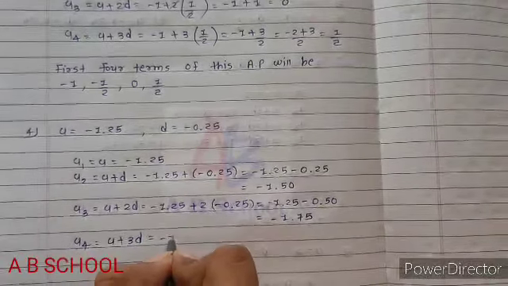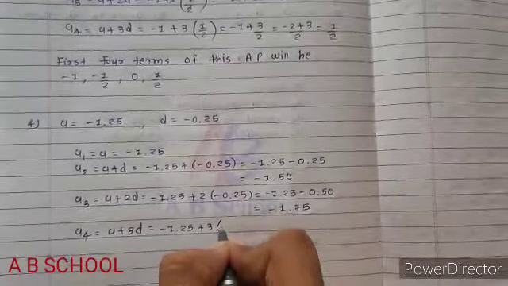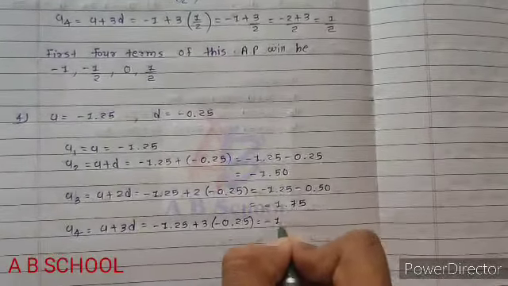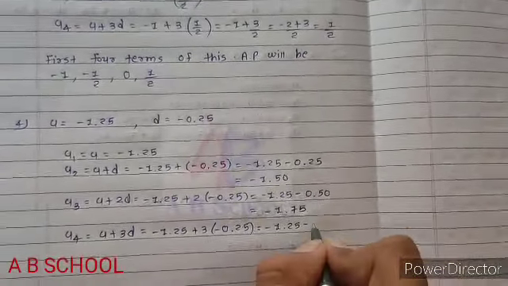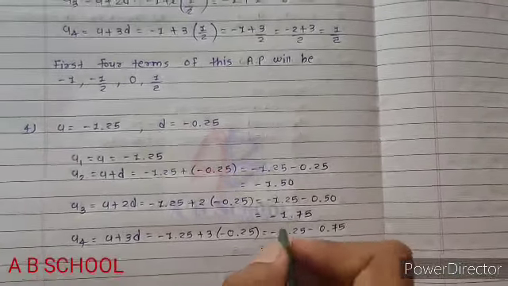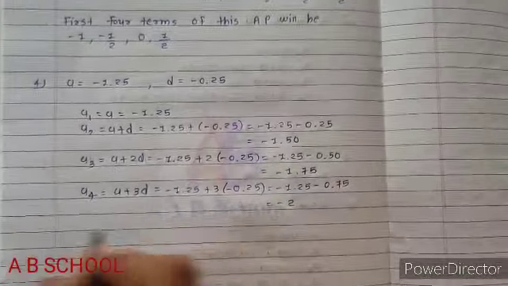Value of a4 is equal to a + 3 times d. Value of a is equal to -1.25 plus 3 times value of d, which is -0.25. So -1.25 plus (-3 into 0.25, that is 0.75). So value of a4 is equal to -2.